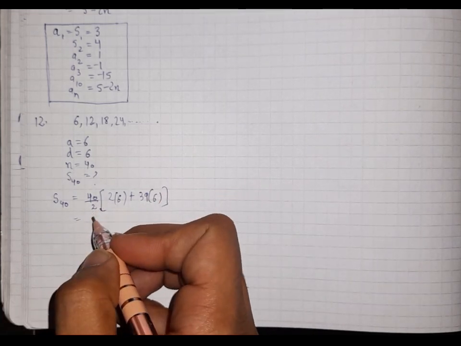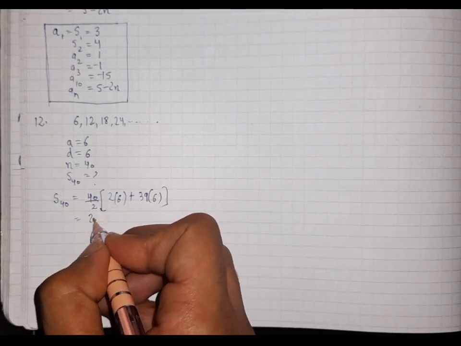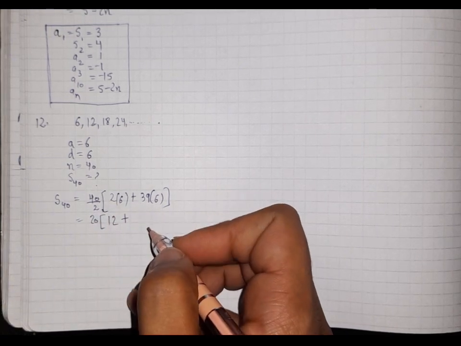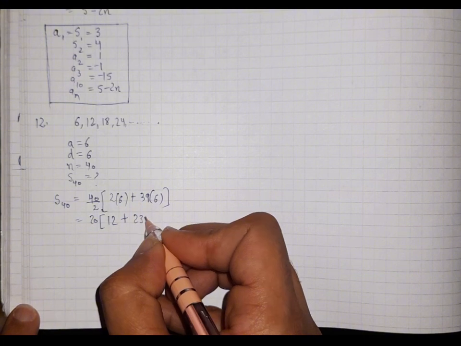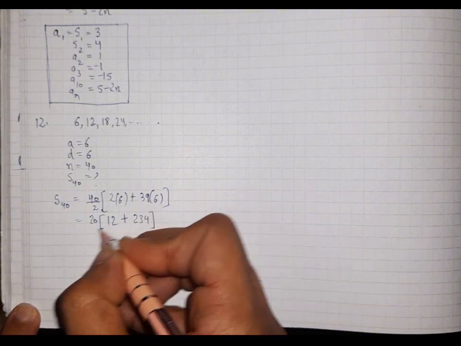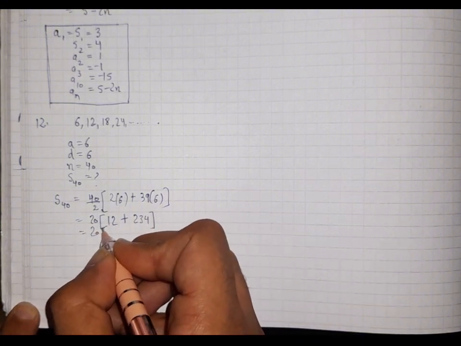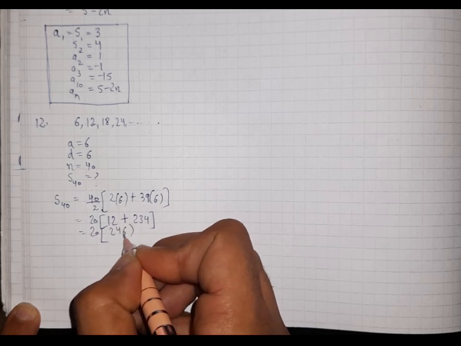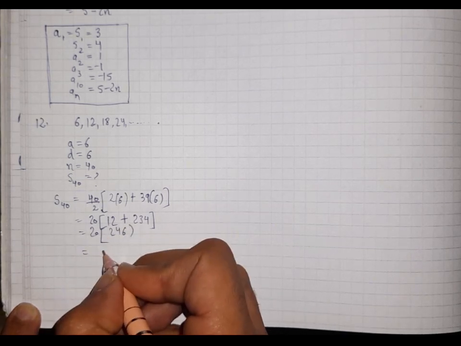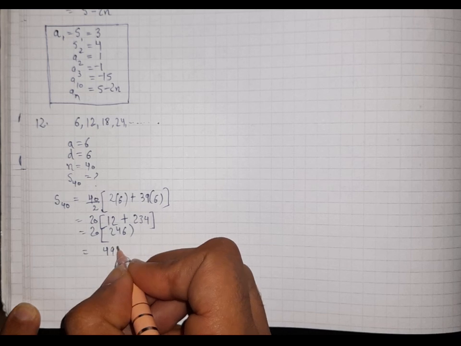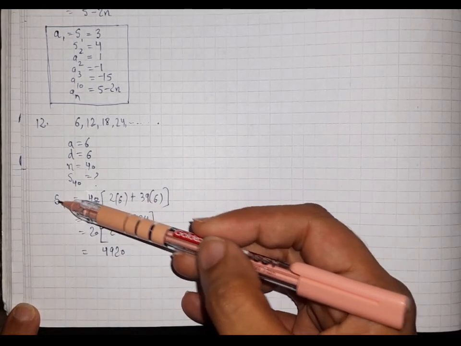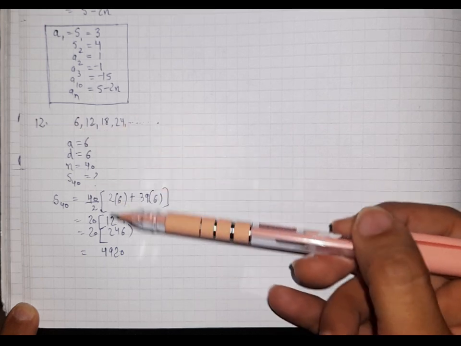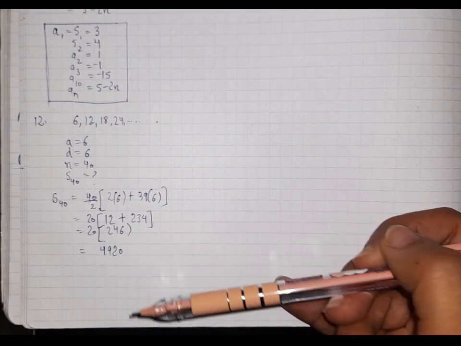Now 40 upon 2 equals 20, 2 into 6 is 12, 39 into 6 equals 234, 234 plus 12 equals 246, and 246 into 20 equals 4920. So the sum of the first 40 positive integers that are divisible by 6 is 4920.